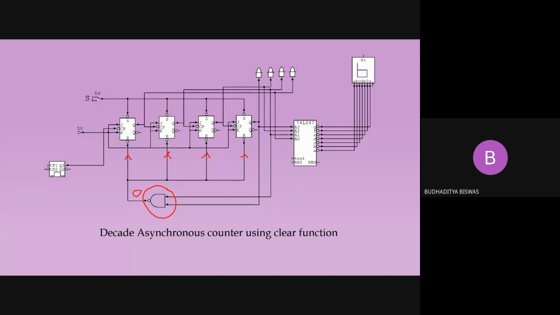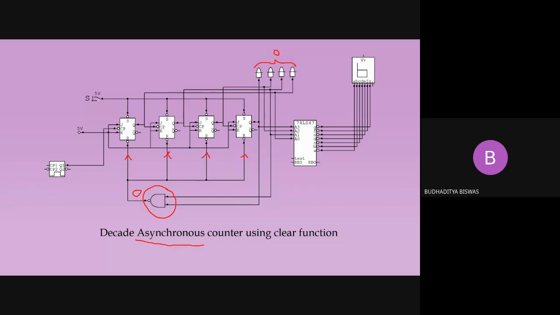When it clears, the output of the flip-flops becomes 0, and that is the initial state. Once it goes to 0, it counts 1, 2, 3, again starting from 0. So this is a slightly modified design of the asynchronous counter, and this is called asynchronous counter design using the skipping state.